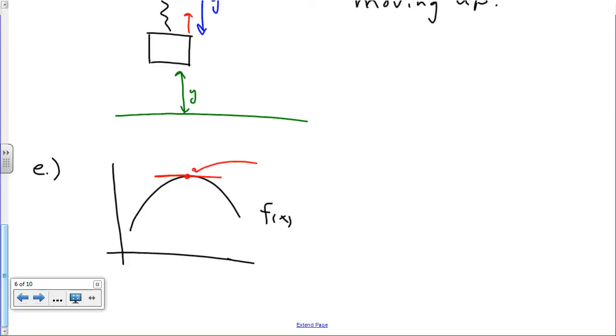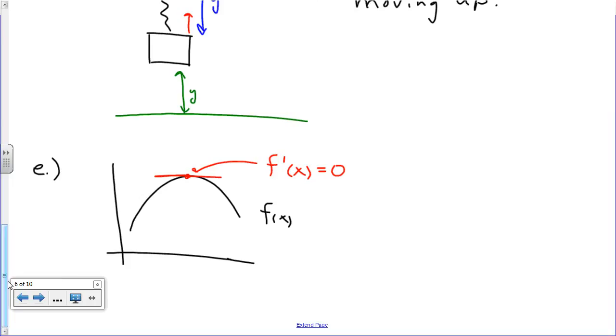So at that point, f prime of x, its derivative, is equal to 0. So given some function, in this case f of x, to find the maximum of that function, you find where its derivative is 0.